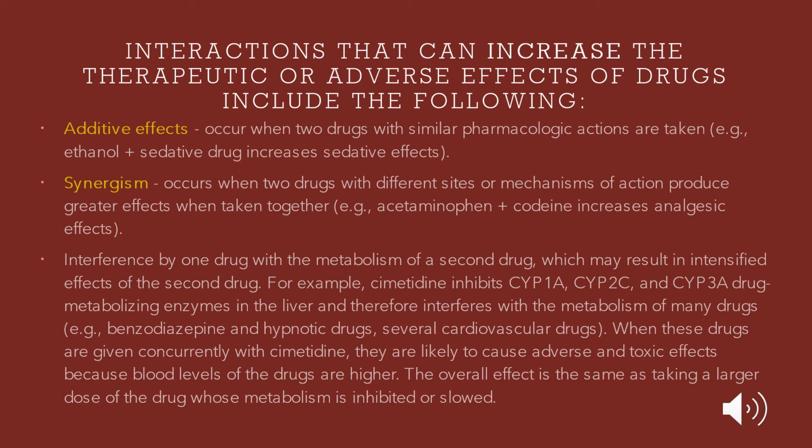When these drugs are given concurrently with cimetidine, they are likely to cause adverse and toxic effects because the blood levels of the drugs are higher. The overall effect is the same as taking a larger dose of the drug whose metabolism is inhibited or slowed.